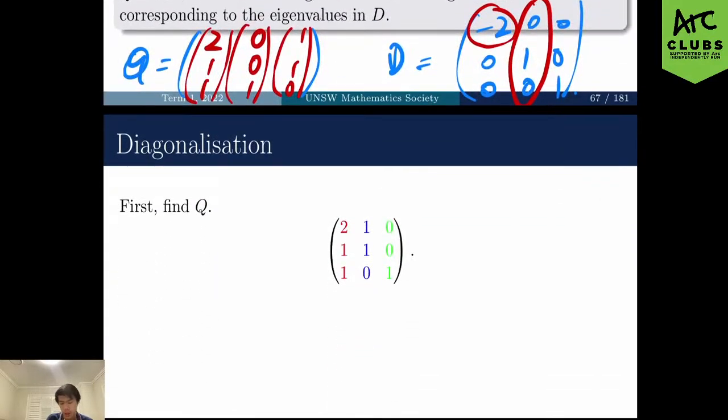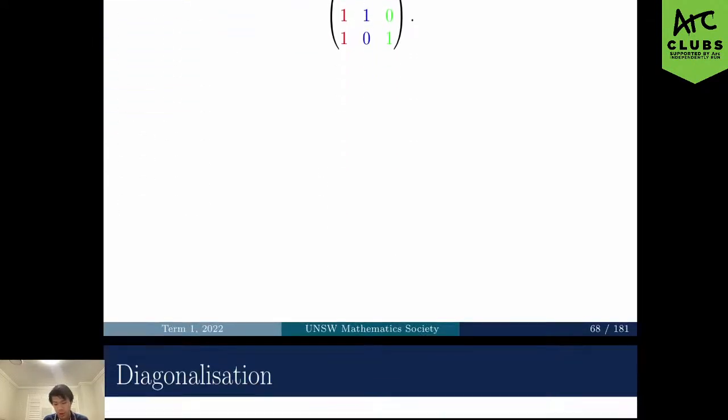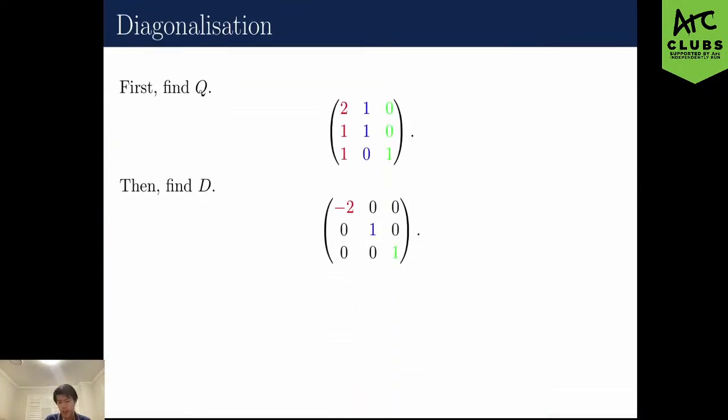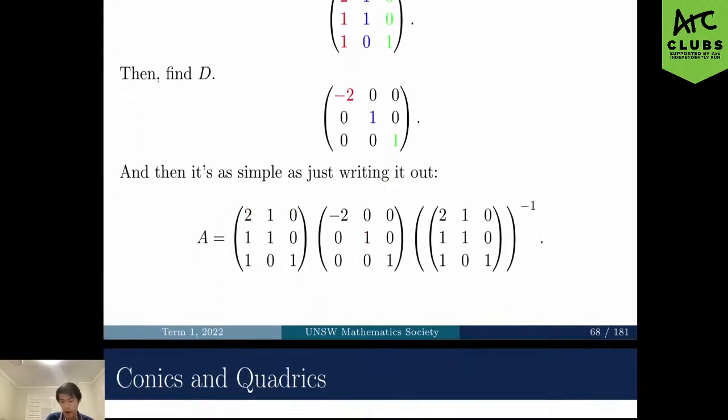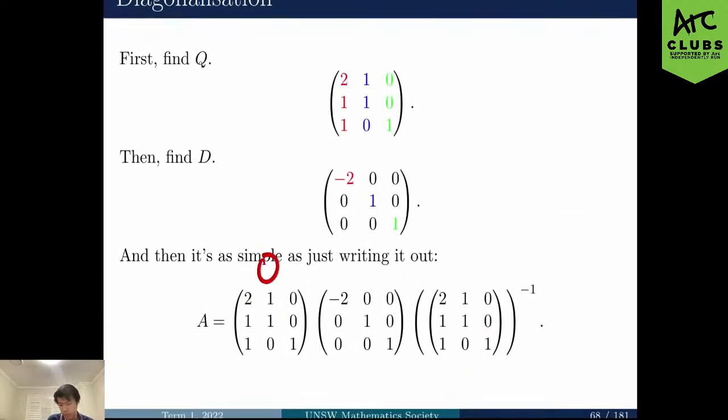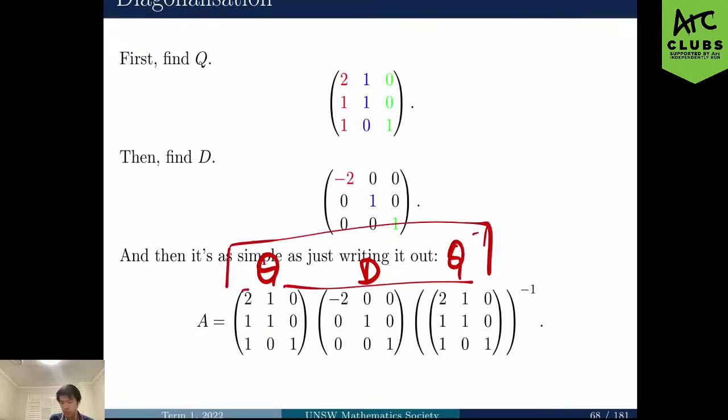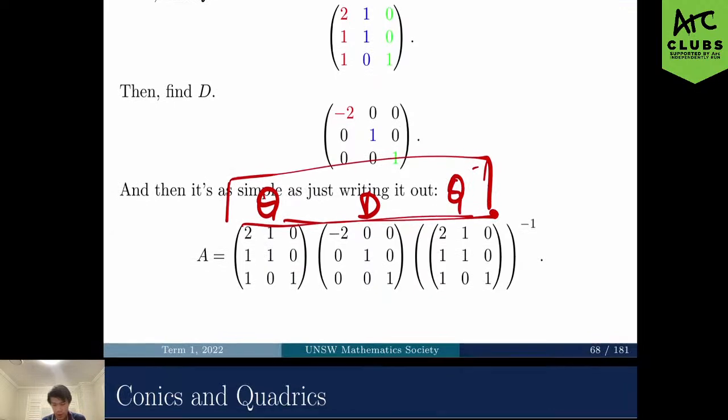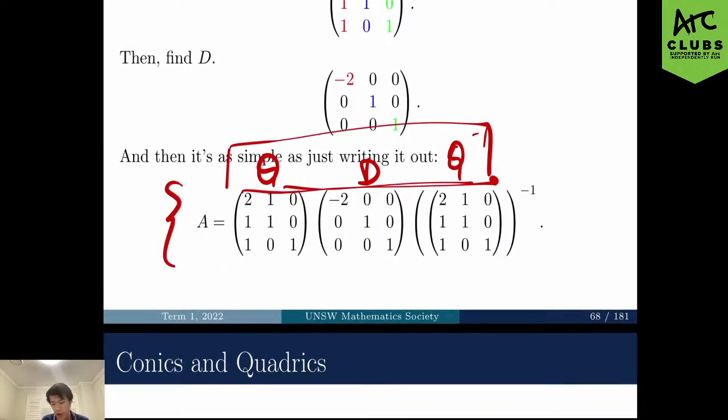In this case, we've done it in a slightly different order. But we need to make sure that the order for D corresponds to it. So this has to be minus 2. This is 1. And this is 1. And then it's really simple to say we've got A equals Q D Q inverse. Cool. All right, and so that's all we need to do. We've diagonalized the matrix.